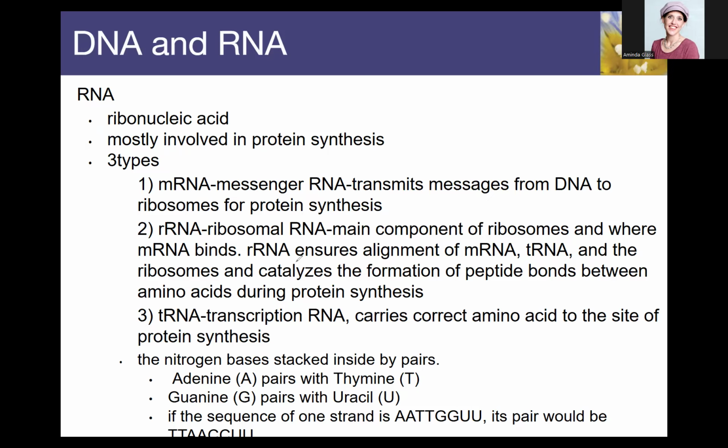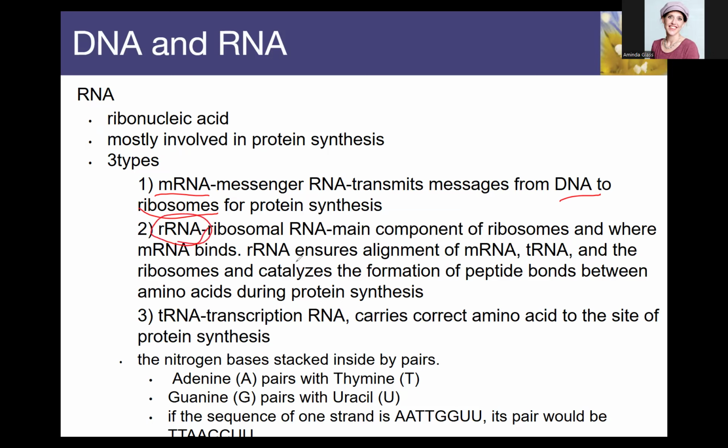It's in the cytoplasm, it's in the nucleus, and there are 3 different types because RNA has such an integral part in the synthesis process. So the first type is mRNA. The M stands for messenger. So this messenger RNA transmits messages from the DNA to ribosomes for protein synthesis.